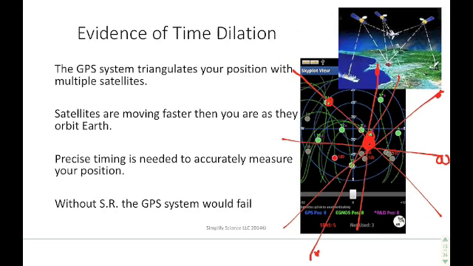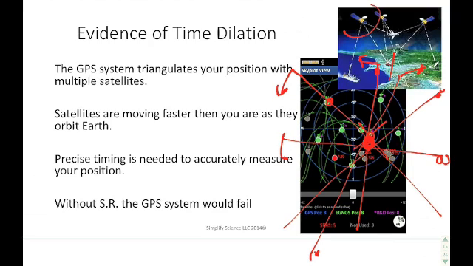However, these satellites are moving relative to you. They're going this way, and they're not all moving at the same speed. They usually go in the same direction, but not at the same speed. So because of that, in order to triangulate your position with any accuracy at all, there has to be a precise timing mechanism between your receiver on the ground and the satellite above. Now, the satellites are moving faster than you are as they orbit the Earth.